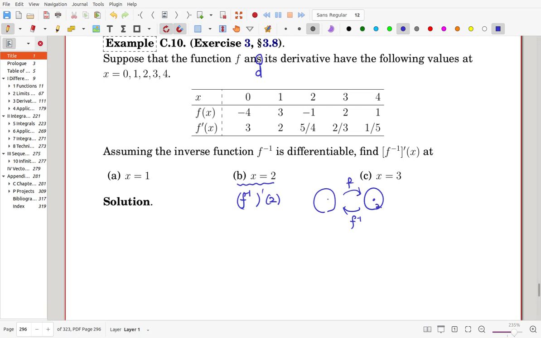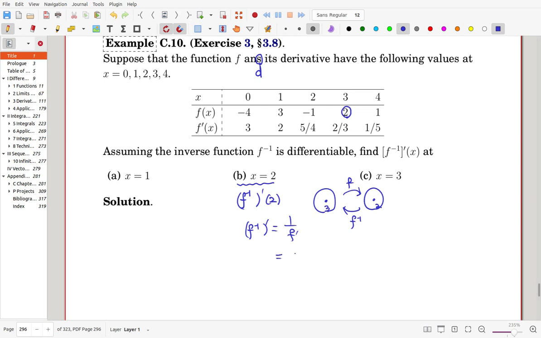So here, if you are using the formula f inverse prime equals 1 over f prime, then you have to find the corresponding point here. So that point is 2, exactly this 2 over there. Then the corresponding point here must be 3.